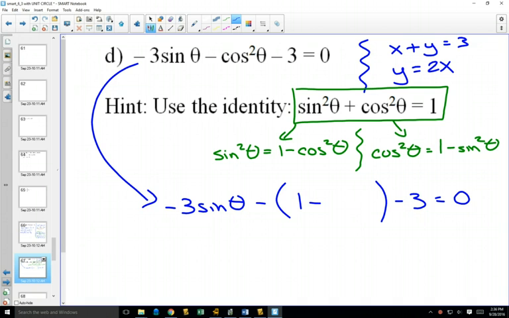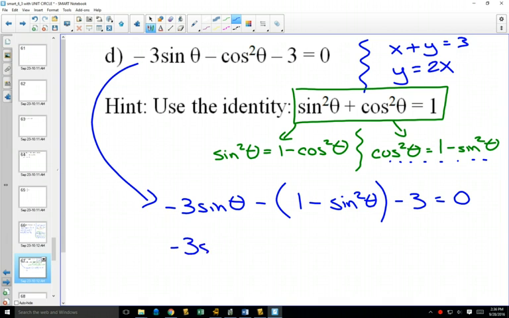Since cos squared is equal to 1 minus sine squared, I could write that in place. And if I do that, notice my new equation just has sine in it. So now I can solve this just like I solved the last question.